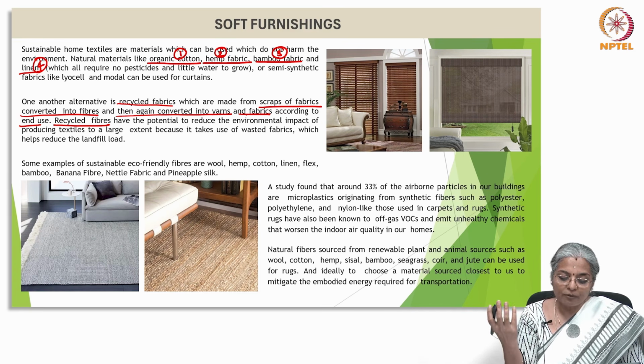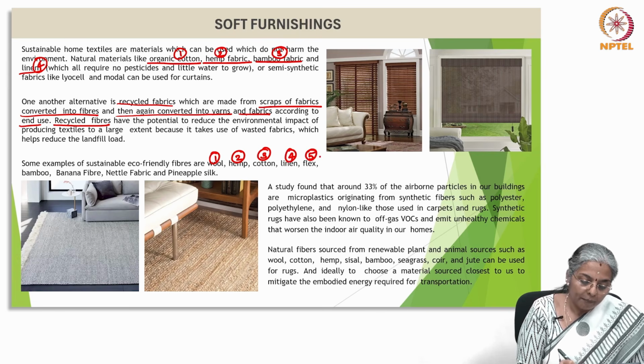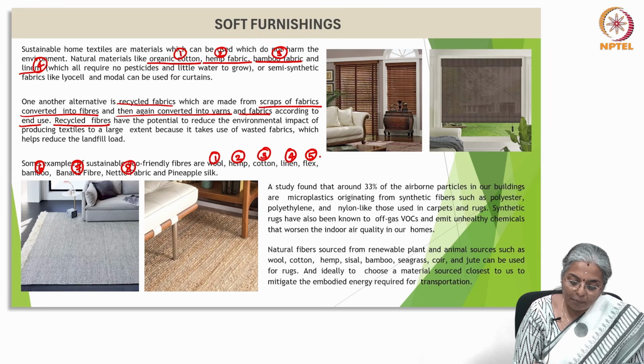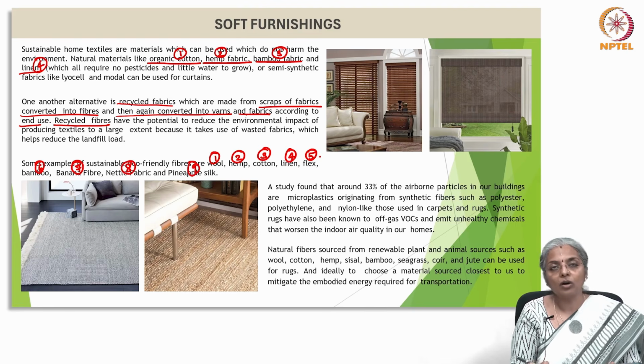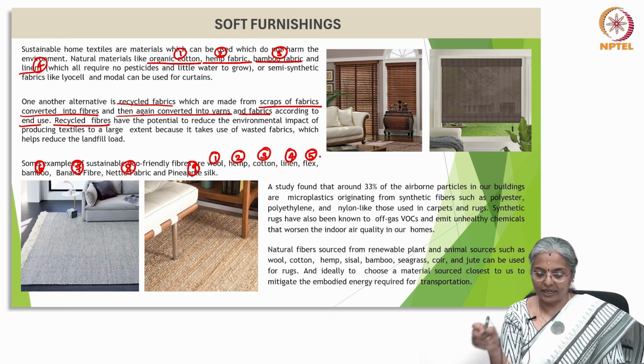Some examples of sustainable eco-friendly fibers are wool, hemp, cotton, linen, flax, bamboo, banana fiber, nettle fabric and pineapple silk. These are all sustainable, environmentally conscious fabrics.